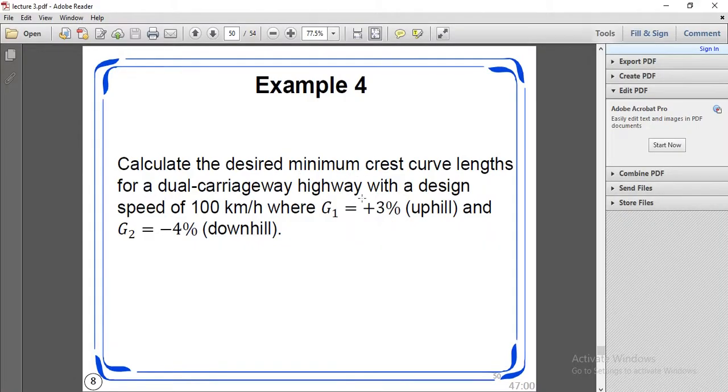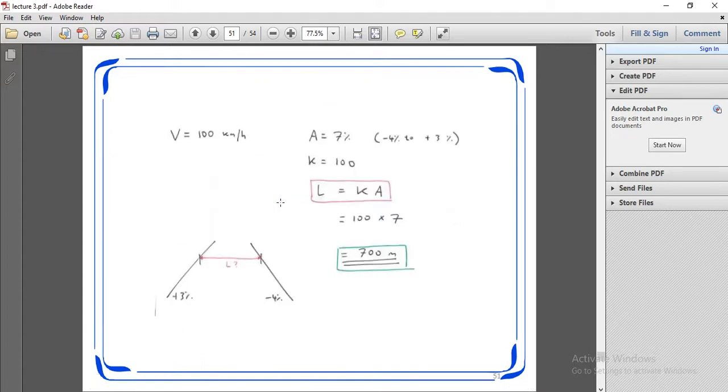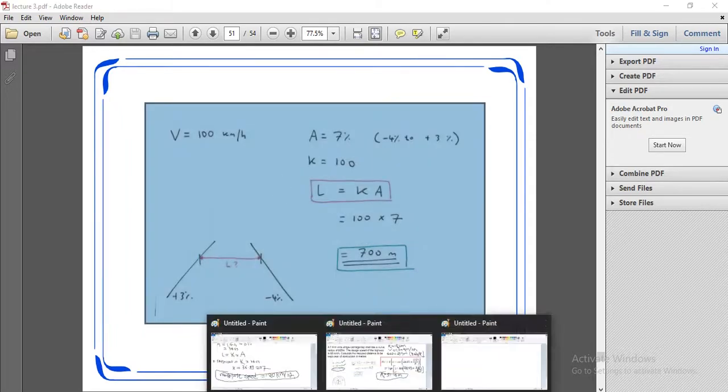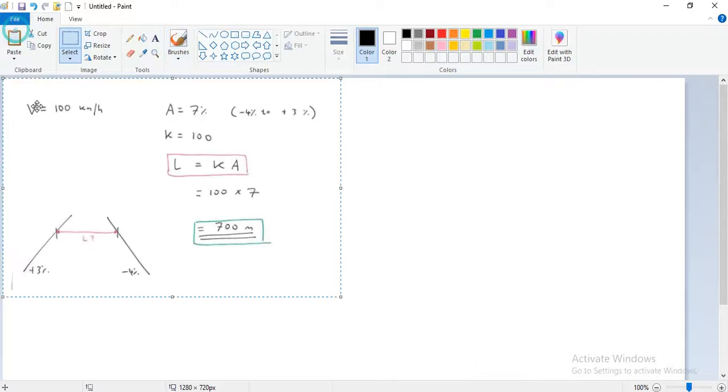Desired minimum crest curve length for a dual carriageway highway with a design speed of 100 km/h. So we require to find A, then K. Since the same procedure will be like this.